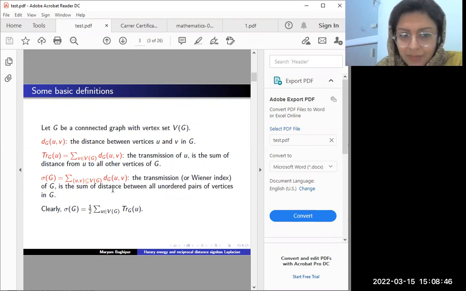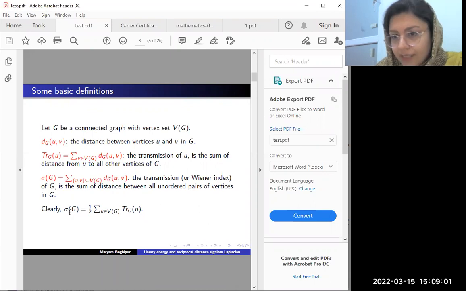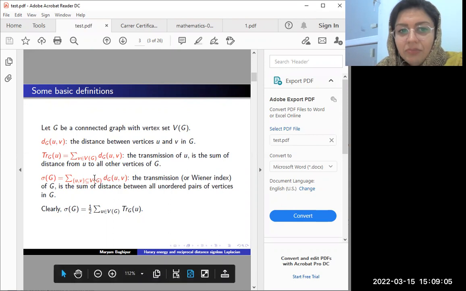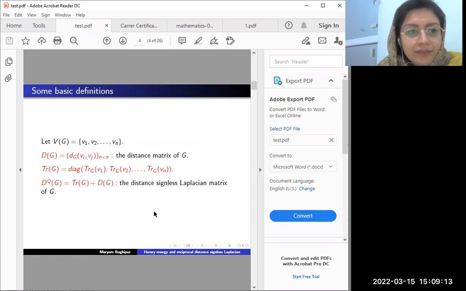For example, for the distance matrix, the transmission of G is called the Wiener index. In fact, the sum of the transmissions of the vertices is equal to twice the Wiener index. That's why the connection between the Wiener index and distance is really interesting. I will explain this concept in detail later.